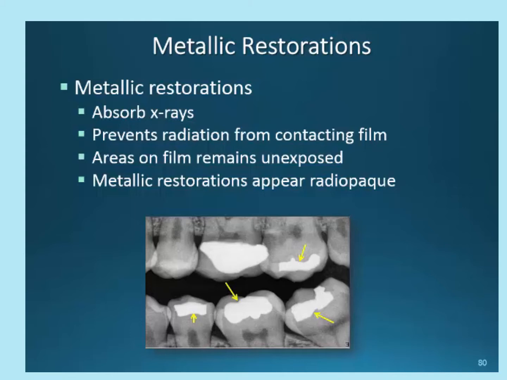They appear radiopaque because the radiation does not pass through and is trapped in the metal restoration. Those areas of the film do not get exposed because the radiation does not pass through the metal to actually expose the halide crystals on the film, and therefore, when they get developed, they appear radiopaque.